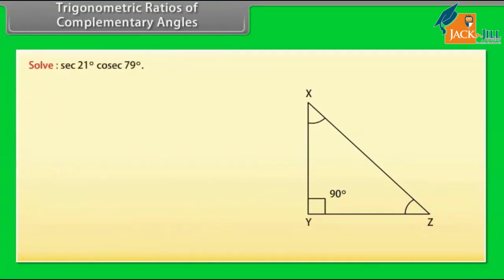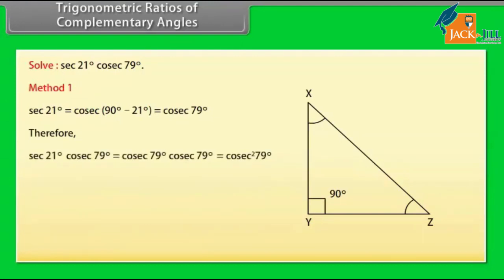Solve sec 21 degrees cosec 79 degrees. Sec 21 degrees is equal to cosec 90 degrees minus 21 degrees, equals cosec 79 degrees. Therefore, sec 21 degrees cosec 79 degrees is equal to cosec 79 degrees cosec 79 degrees, which equals cosec square 79 degrees.